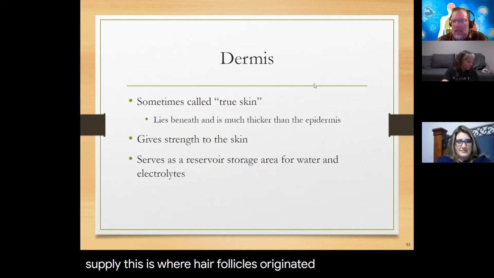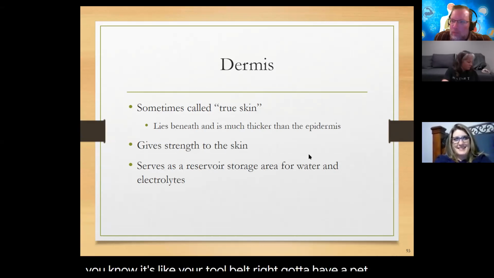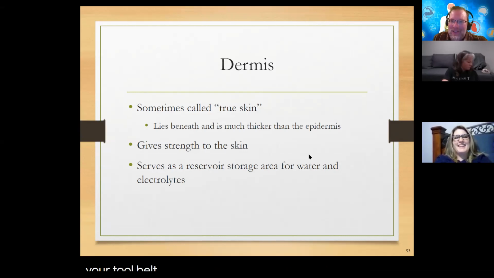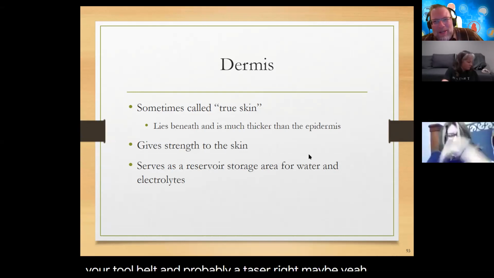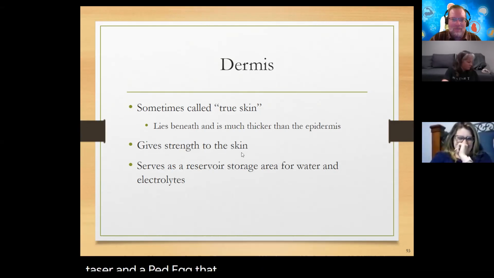Oh, Lori, dang it! You need a pet egg. It's like your tool belt, right? You gotta have a pet egg in your tool belt, and probably a taser. Maybe a taser and a pet egg. That'll get them going. Oh man, yeah. Epsom salts and a warm bath.